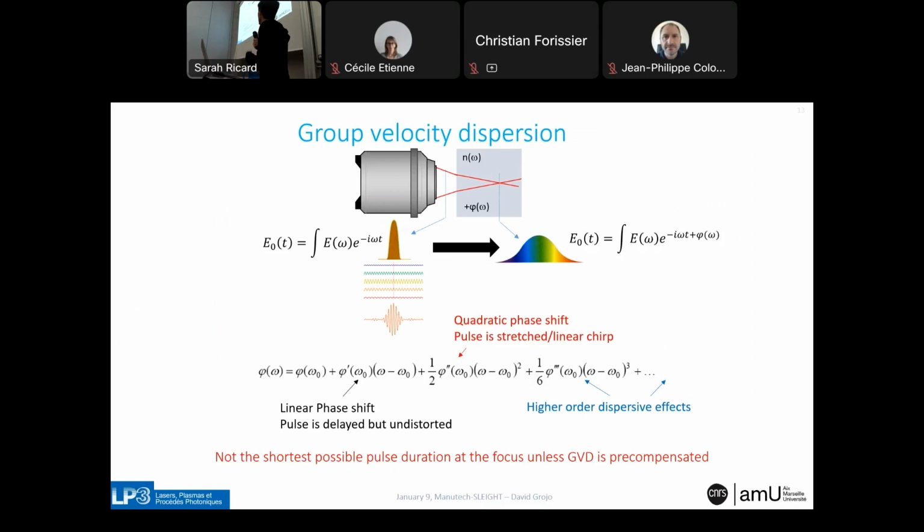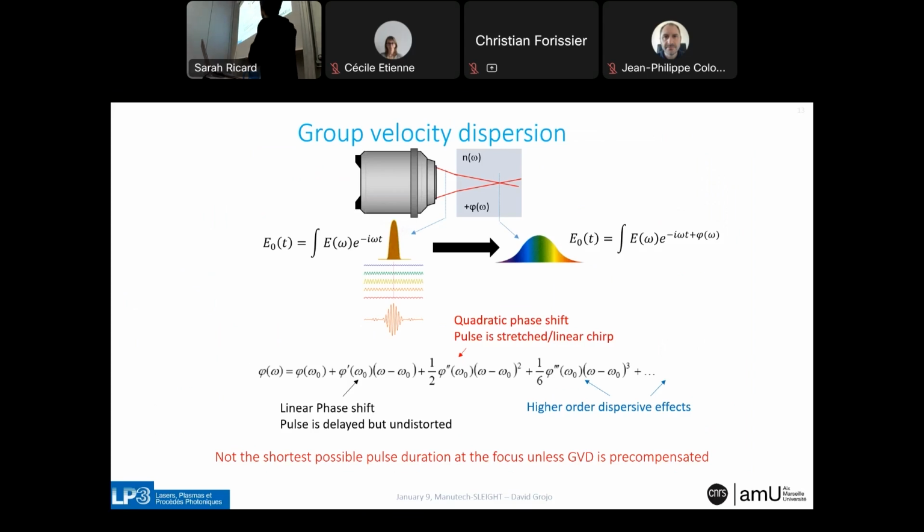You basically lock the phase of all these frequency components so that they constructively interfere to create this short pulse. So in practice, you can decompose this extremely short pulse over the spectrum, and then you can calculate what the pulse is after it propagates through a given thickness of material by simply adding a phase term there.